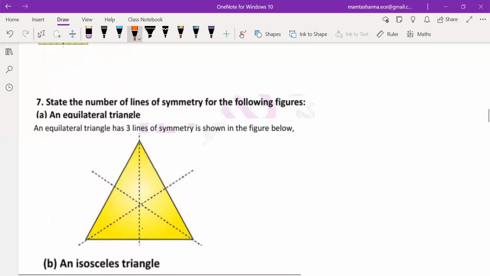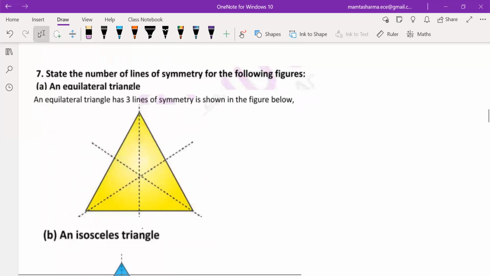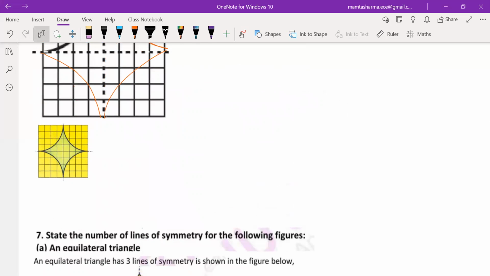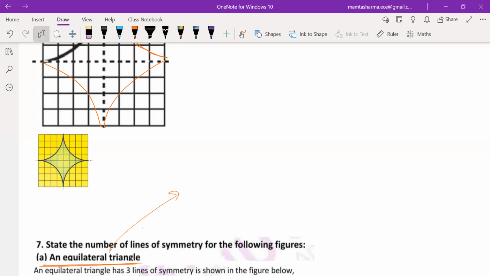Now state the number of lines of symmetry for the following figures. Yes, tell me one by one. Ritvik Nimala, for an equilateral triangle, how many lines of symmetry? Ma'am, can you scroll something? No, that is the solution. Ma'am, in an equilateral triangle. How many lines would exist? Shiva Pranav, put the answer.